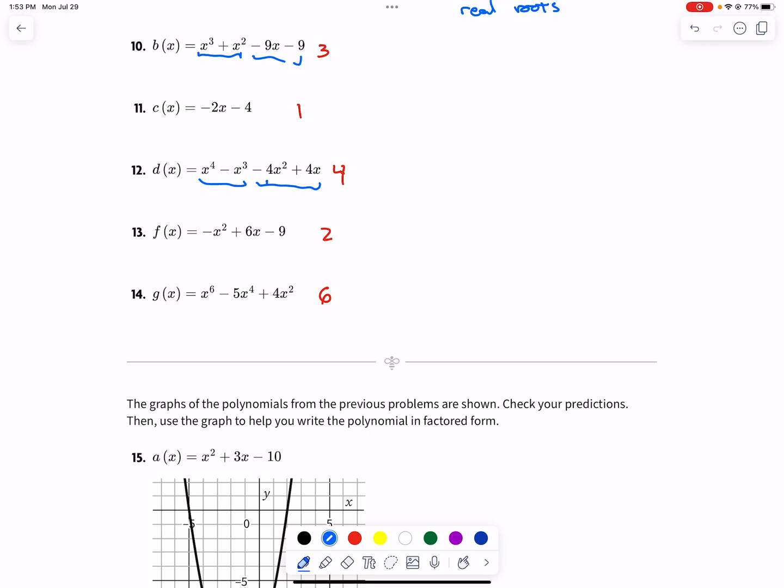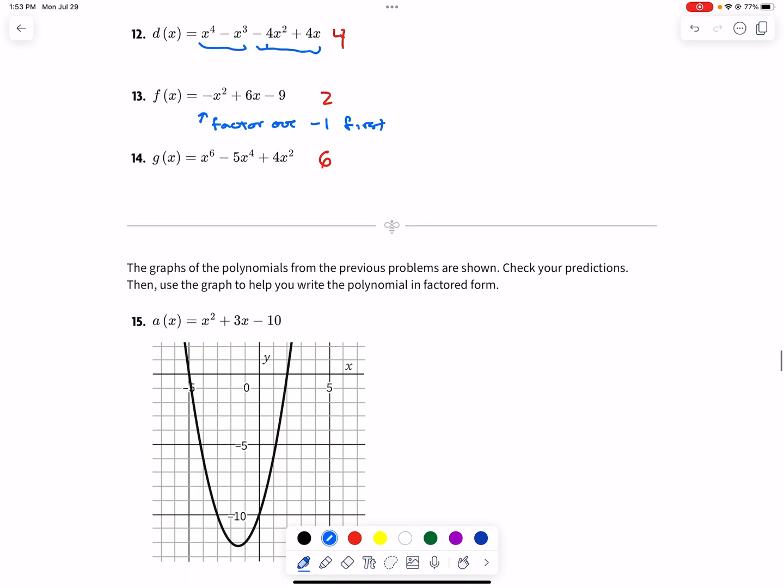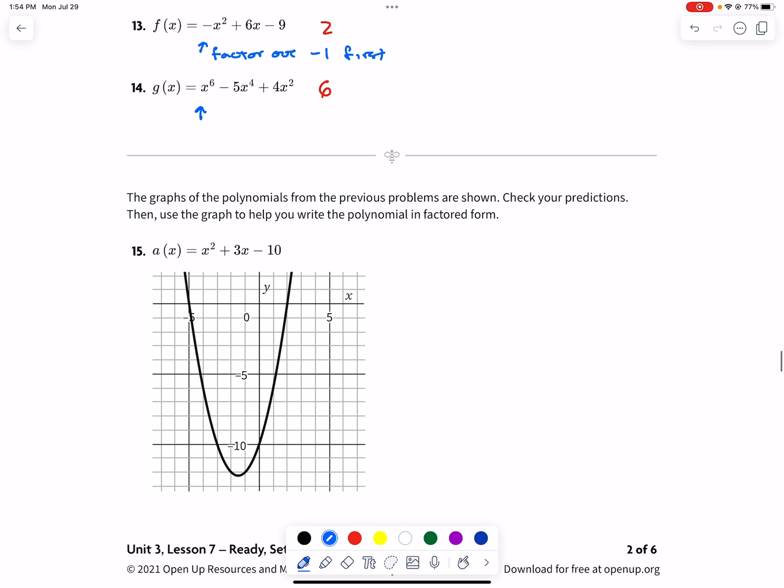This one will factor out a negative 1 first, because people really screw up if they try and do unfoiling with a negative x. People mess up the signs. This one we can factor also, and again I will do it down below.